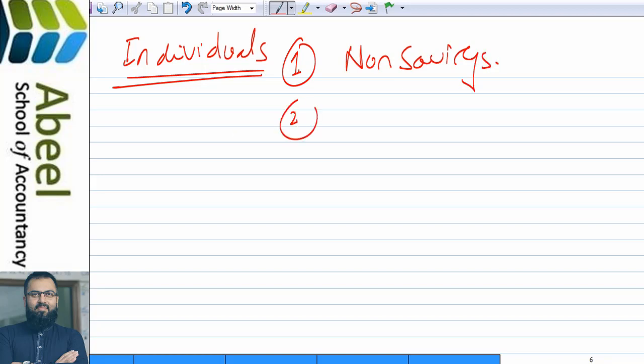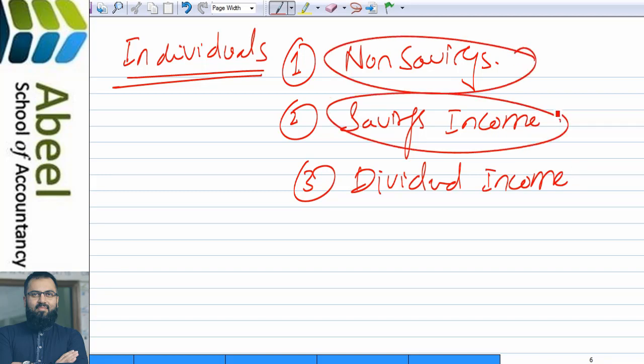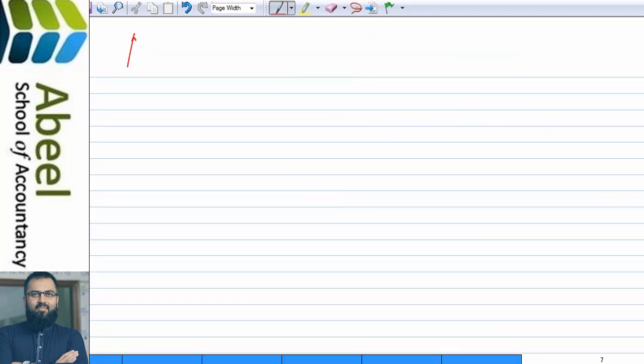Second is savings income, and the last one is dividend income. We will start from non-saving incomes, then slowly and gradually we will study saving income as well as dividend income.